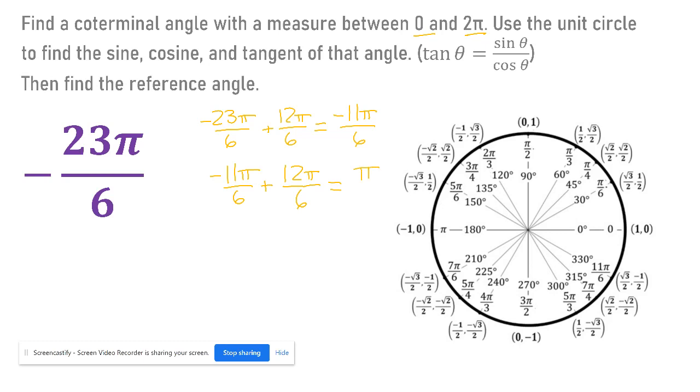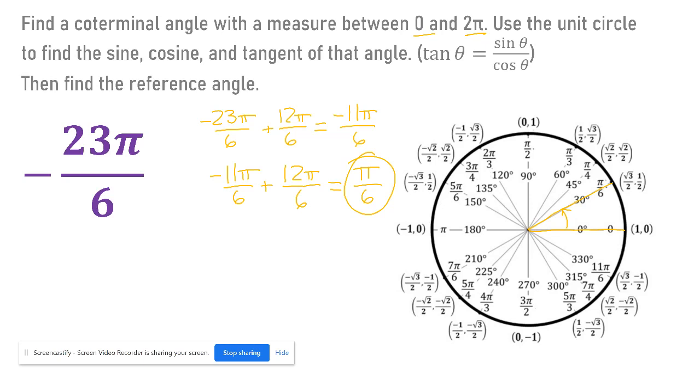So 1 pi, or just pi, over 6. So my coterminal angle here that puts me in the right spot between 0 and 2 pi is pi over 6. So now I'm going to find that on the unit circle. Start in the normal place, go counterclockwise, and right away I'm going to hit pi over 6. So pi over 6 is my coterminal angle.